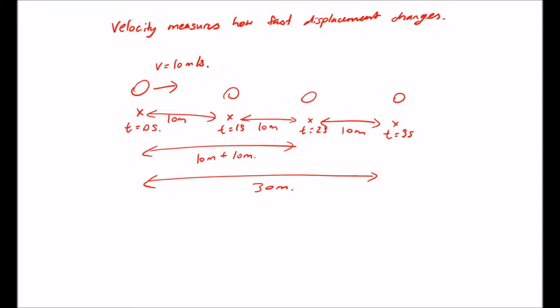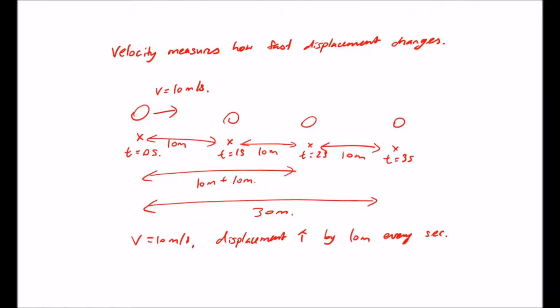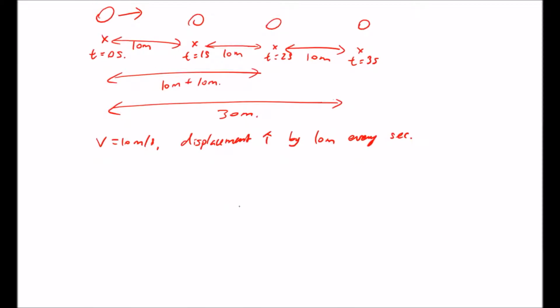So what you can see here is that with a velocity of 10 meters per second, displacement increases by 10 meters every second. Remember, look at the definition again. Velocity measures how fast displacement changes, and with a velocity of 10 meters per second, displacement changes by 10 meters every second. So at time equals 0 seconds, displacement equals 0 meters.